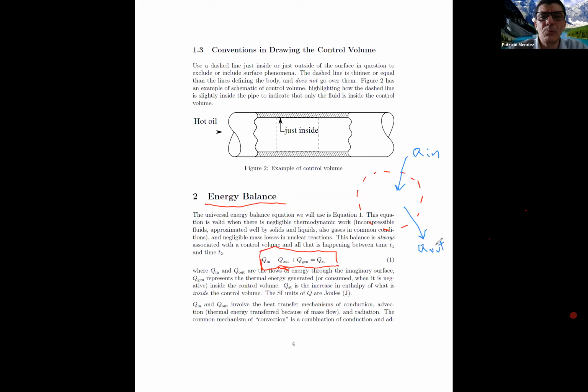And then we have 2 more terms. One is heat generated. Q gen is heat generated inside the control volume.